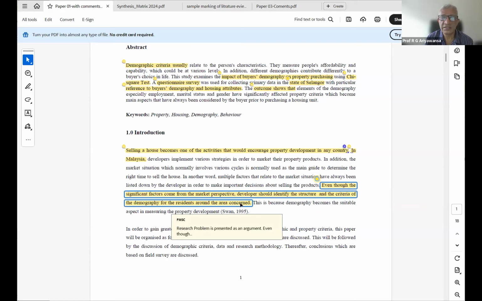Having discussed the background, the authors have identified a certain gap. Now they are suggesting something new, which is very important for developers. That is the context they are going to investigate: demographic characteristics and their impact on purchasing. Understood?